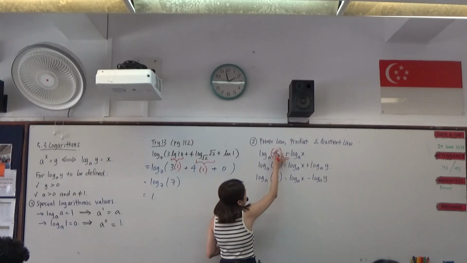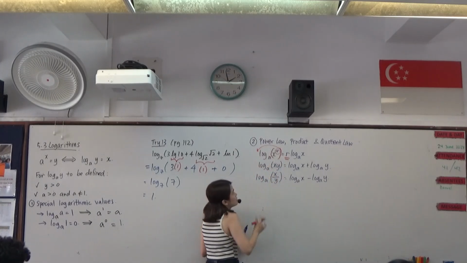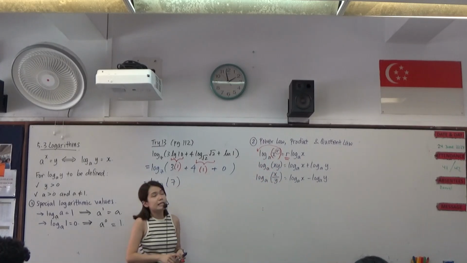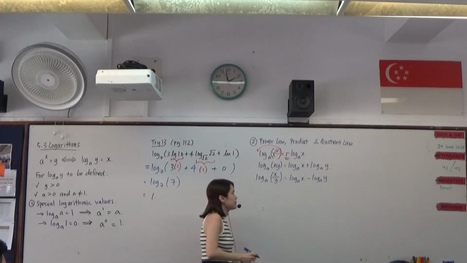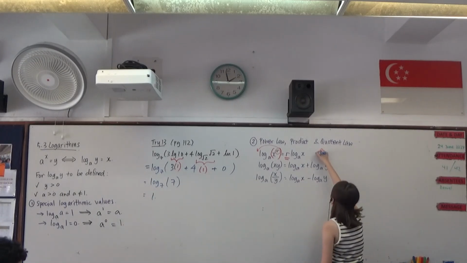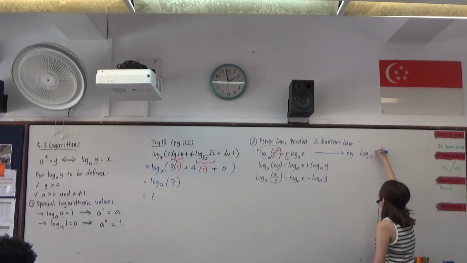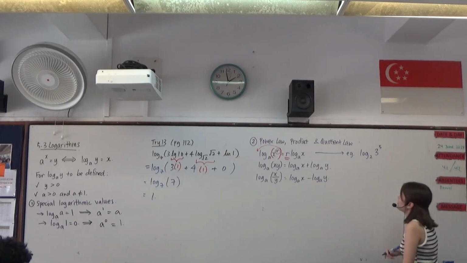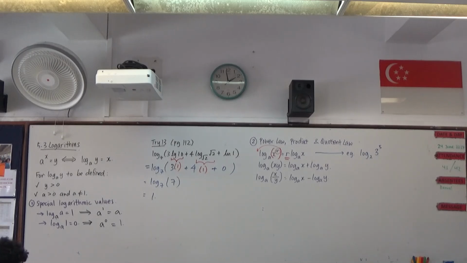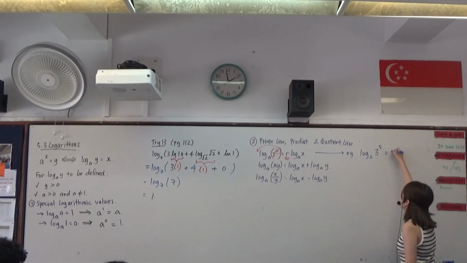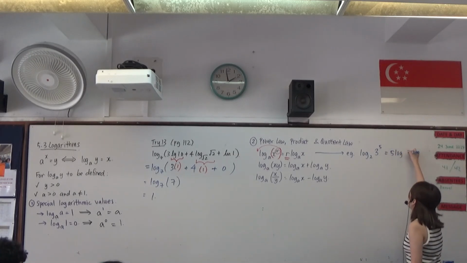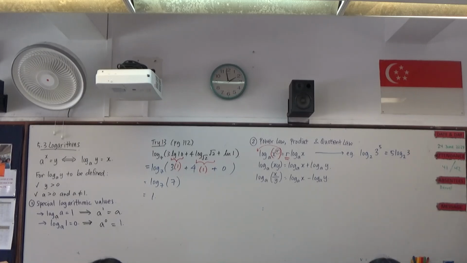So that's what you can think about for the power law. So example. If I give you log 3 to the power of 5 base 2, I can rewrite it as 5 log 3 base 2. So the power just comes down.